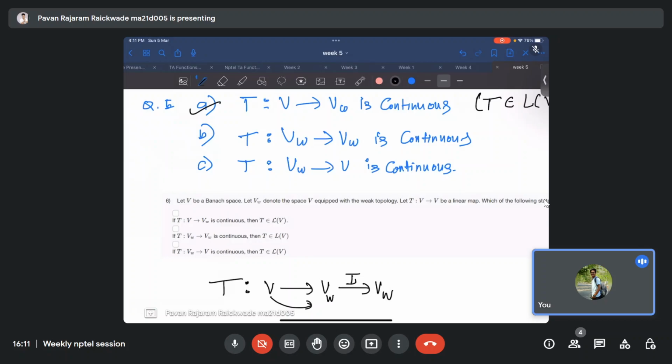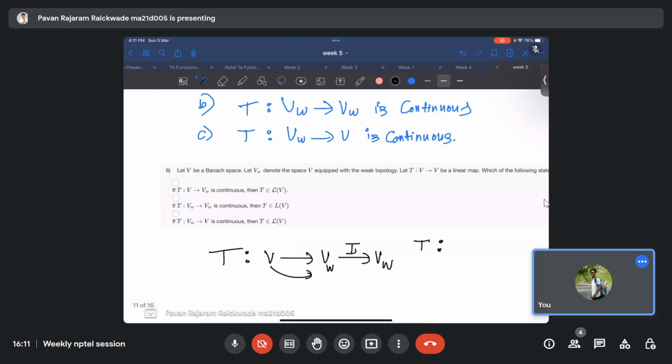Hence, the composition, no, no, sorry, we want T from VW to VW.